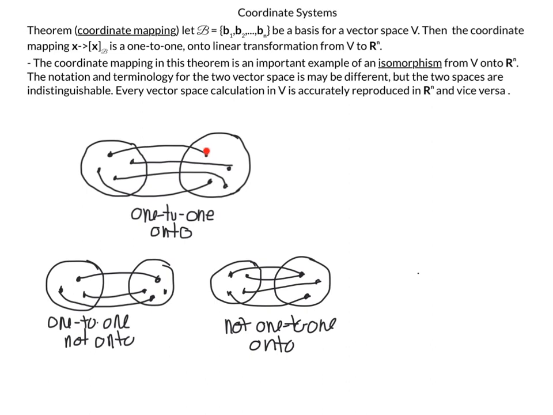It's one-to-one because every element in B is mapped to by at most one element from A. It's onto because every element in B, there are 4 elements in B, has something that gets mapped onto it. Here, in contrast, is one-to-one, but it's not onto. It's not onto because there's this element here that doesn't have anything mapped onto it.